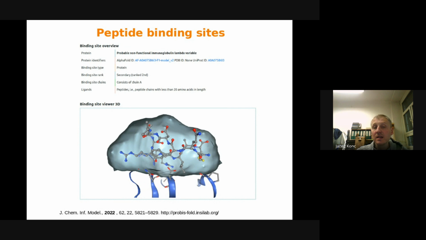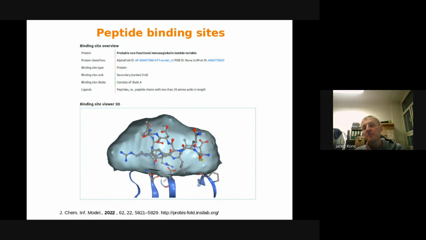You've maybe seen this blob, this surface. This represents one binding site. In our web server, binding sites are basically not just amino acid residues, but the volume taken by all these possible ligands that bind to these binding sites. So ligands basically define where a binding site is.